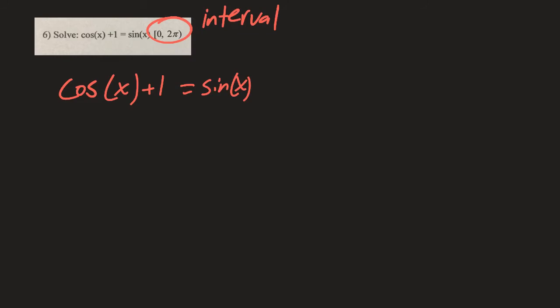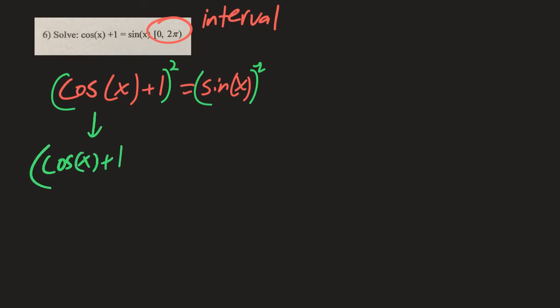all right? And if I square both sides, you got to be careful to make sure we square the entire function like that, okay? So notice on the left-hand side, I made sure to put parentheses around the whole thing. And on the left-hand side, this is cosine x plus 1 times cosine x plus 1.